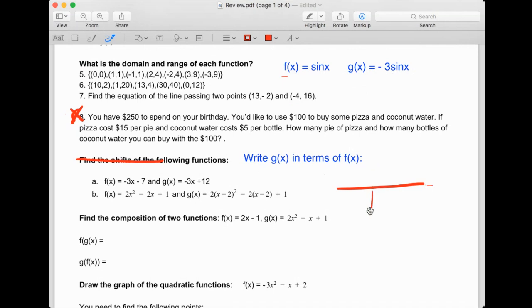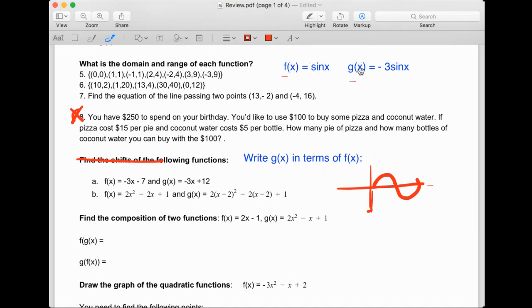So that means I have the graph of sine x in my head. Then we think about g of x. g of x is a transformation of f.